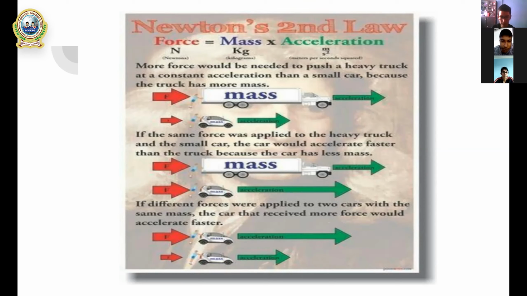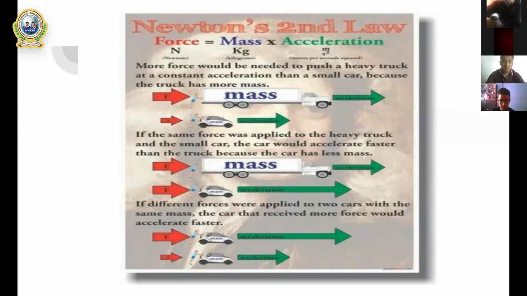That amount of force is able to produce acceleration in a car, but may not produce acceleration in the truck because the truck has more mass. So to move a big object, we need to apply more force. So the acceleration is inversely proportional to the mass here, right?